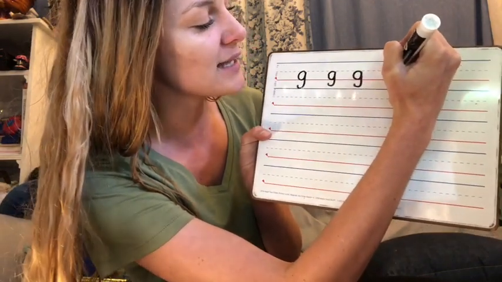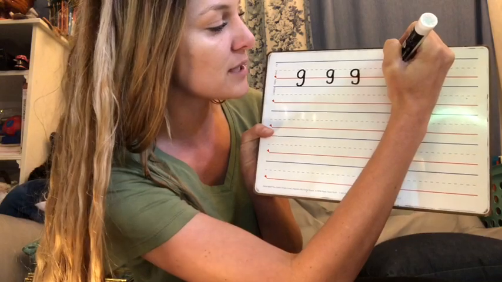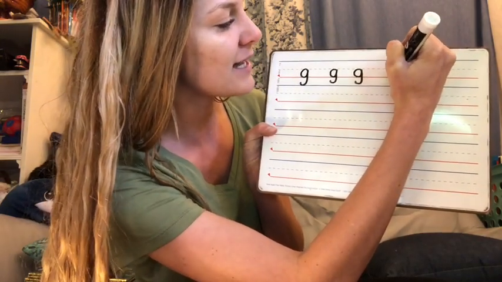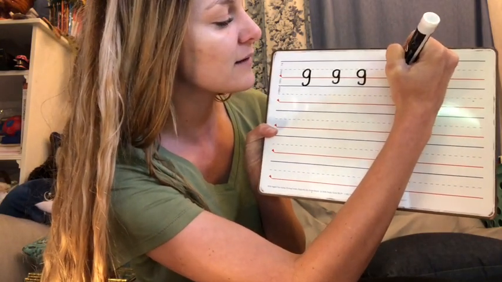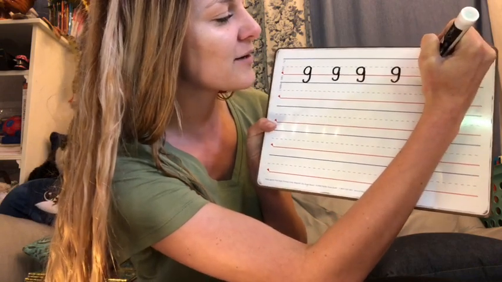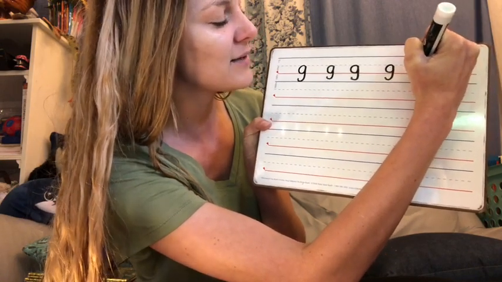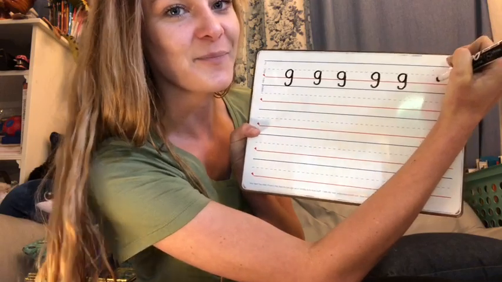You can also say, like it says in the Jan Richardson verbal pathways, around like a C, down, to the left. Either way is fine, and that's for the lowercase letter G.